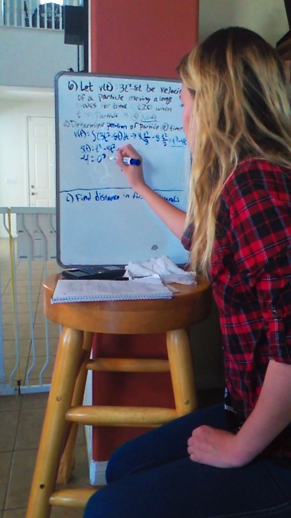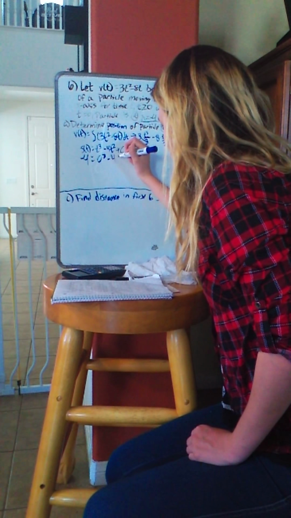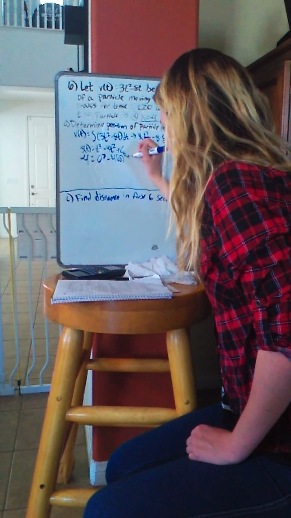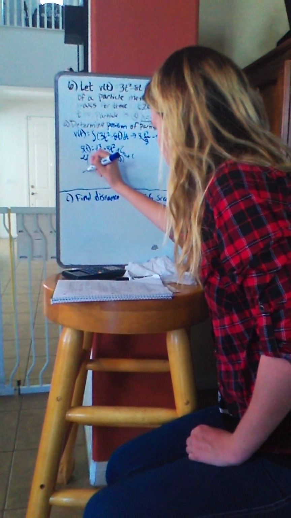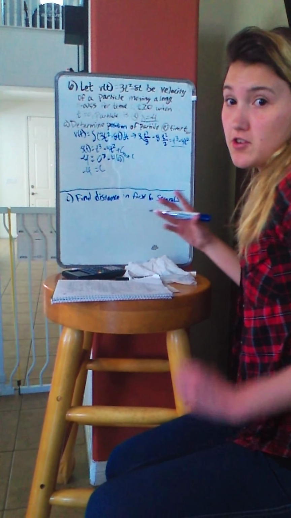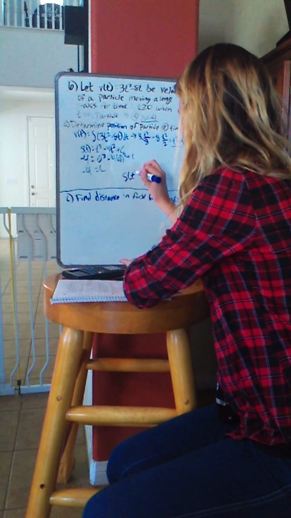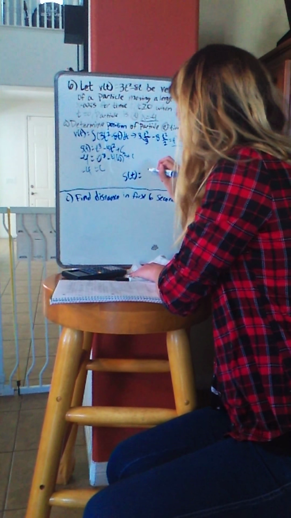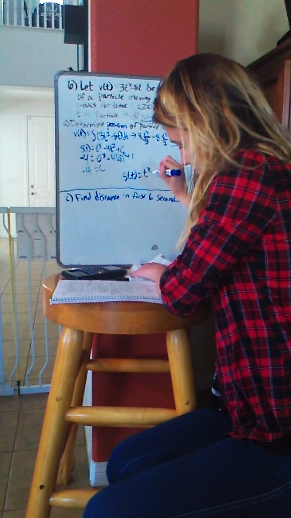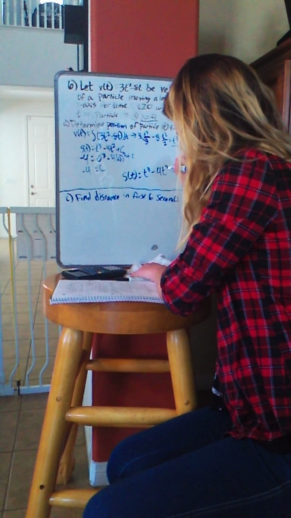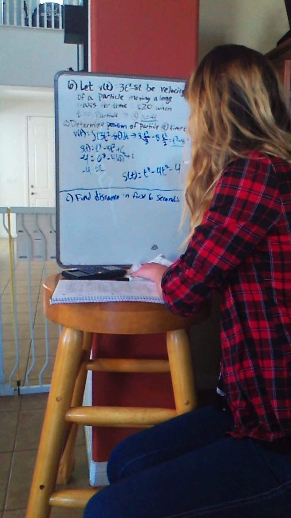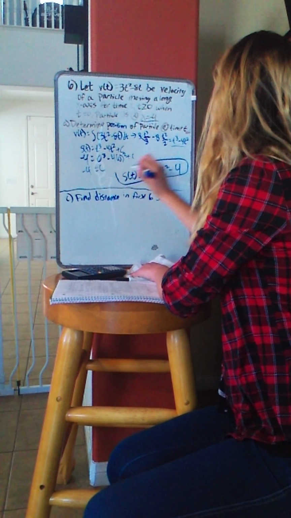So 0 cubed minus 4 times 0 squared plus c. So c is just going to be negative 4. And then for the position as a whole, it's going to be s(t) equals t cubed minus 4t squared minus 4. And that is the answer.